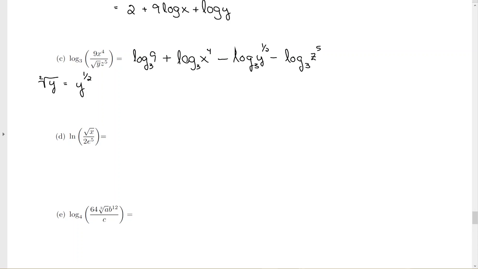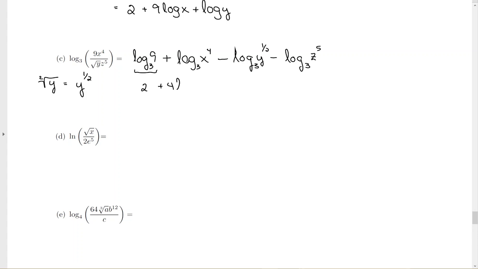From here, pull your powers down and then simplify any logarithm that has just a number in it. So again, we're here with this log base 3 of 9. 3 to what power gives you back 9? You can either come up with a number, in this case 2, or you could use your calculator and do change of base and figure it out that way, doing the natural log of 9 over the natural log of 3, and then computing it out.